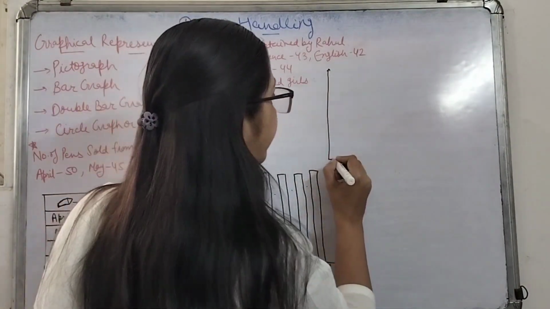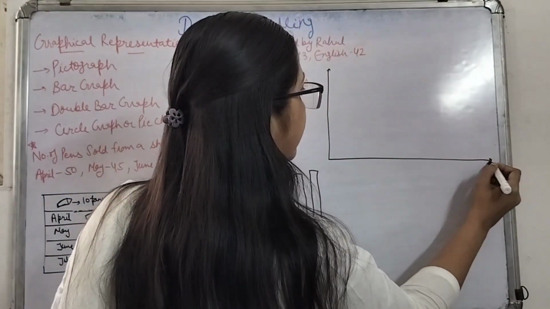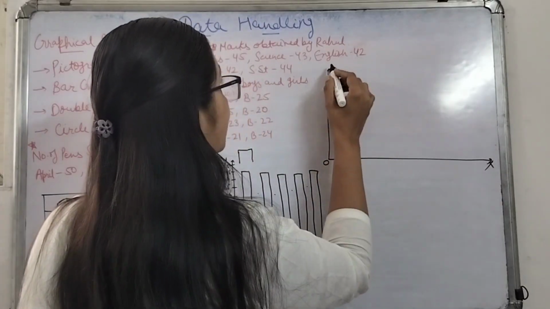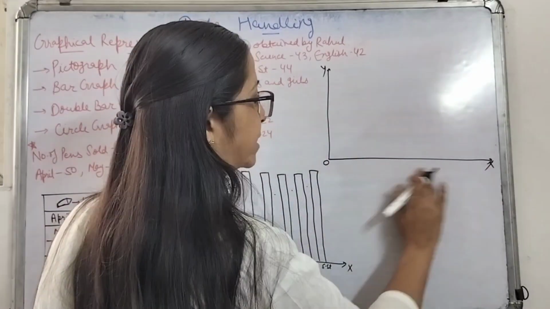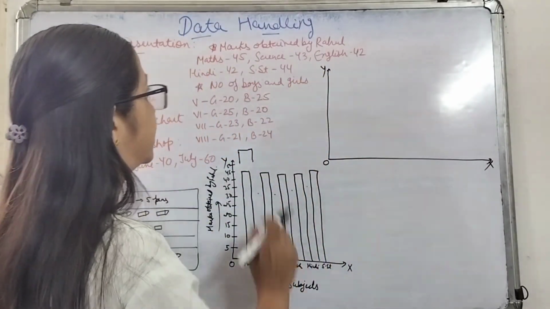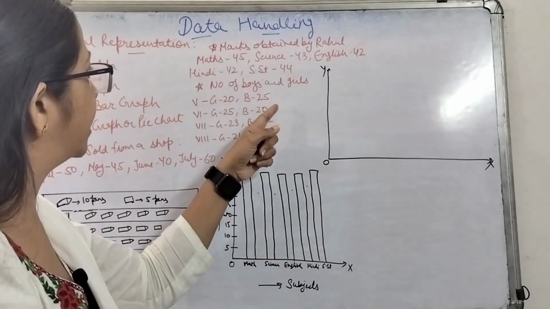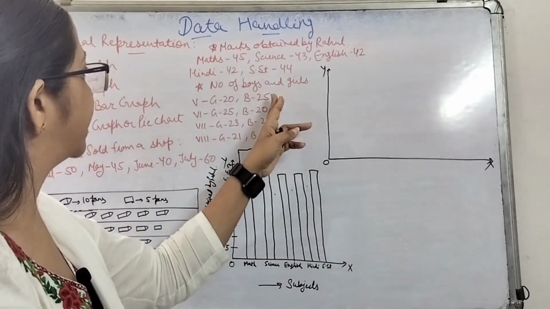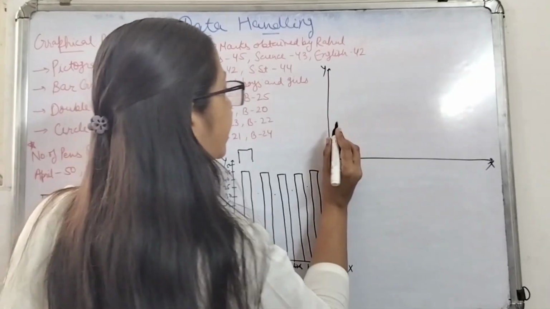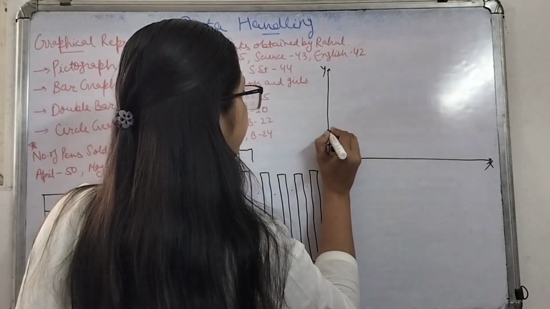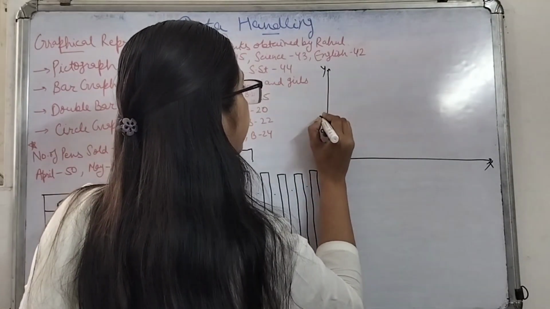Again, the same way, we will take the perpendicular lines. This is your x, this is your intersection point O, this is your y, this is your x-axis, this is your y-axis. Now, for the number of girls and boys, the maximum is somewhere around 25. So we can take here 5, then 10, then 15.